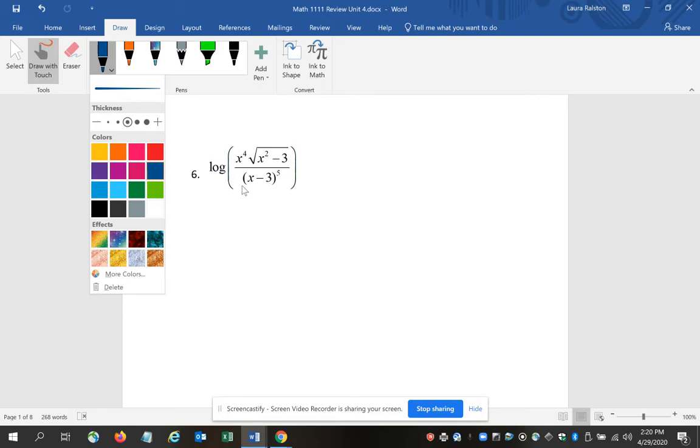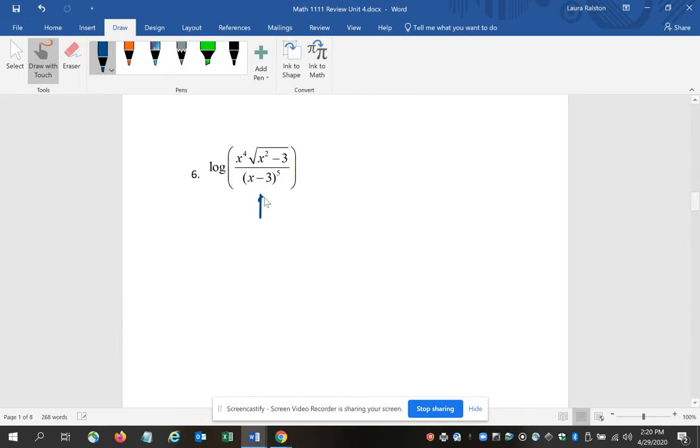And I know from property number 2 that division is rewritten as subtraction. So I'm going to have the log of x to the fourth times the square root of x squared minus 3 minus the log of the quantity x minus 3 to the fifth.